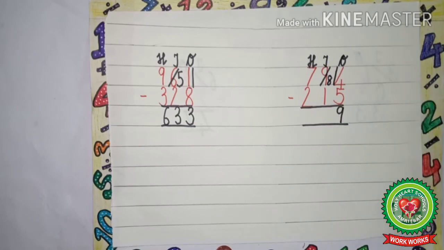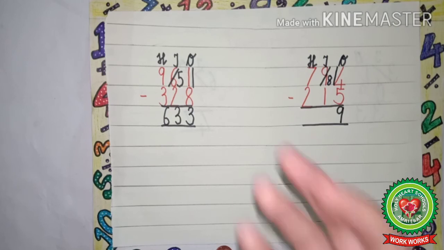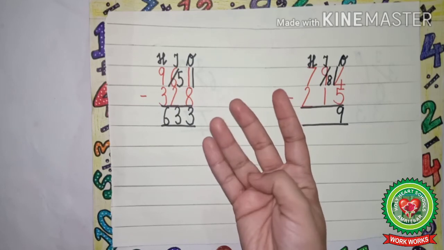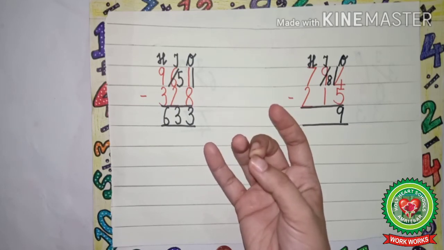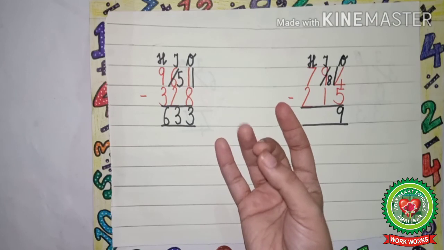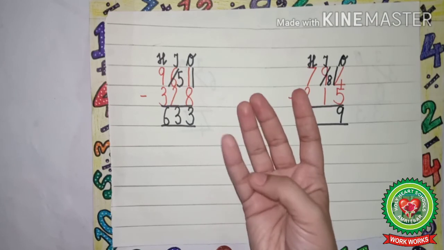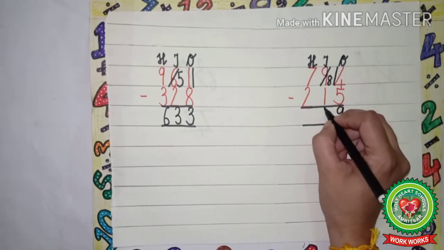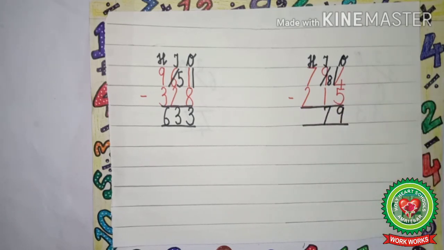Now again start at 1 and stop at 8. Now what comes after 1? 2, 3, 4, 5, 6, 7, 8. Okay. How many steps are there? 1, 2, 3, 4, 5, 6, 7. So we will write 7 under tens.